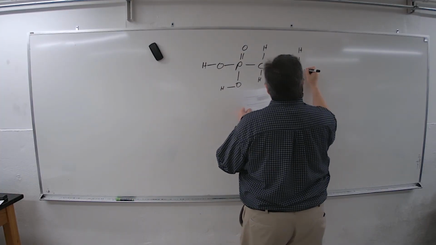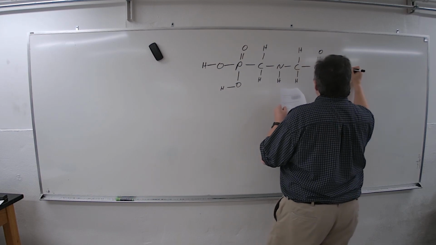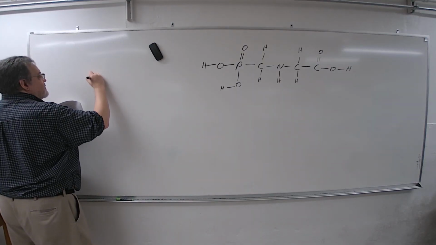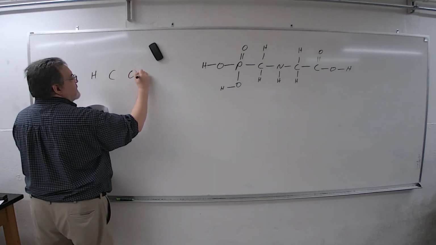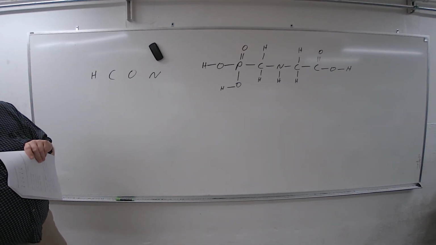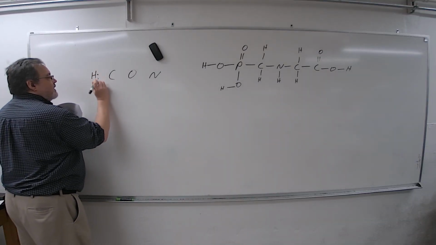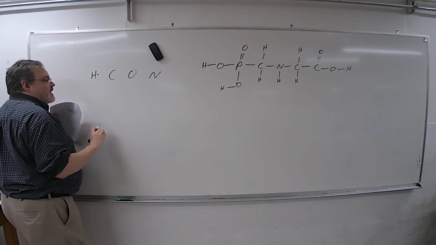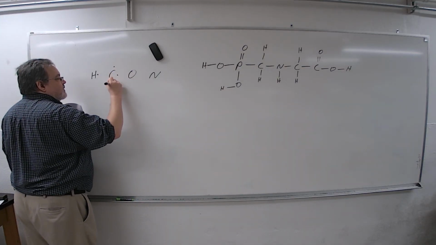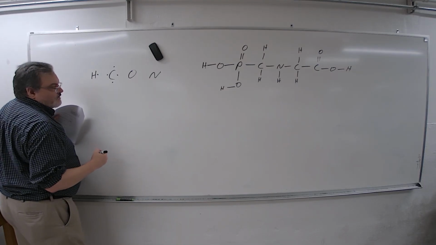So you have this molecule. Okay, the key here is this. We've got hydrogen, we've got carbon, we've got oxygen, and we've got nitrogen. How many valence electrons does hydrogen have?